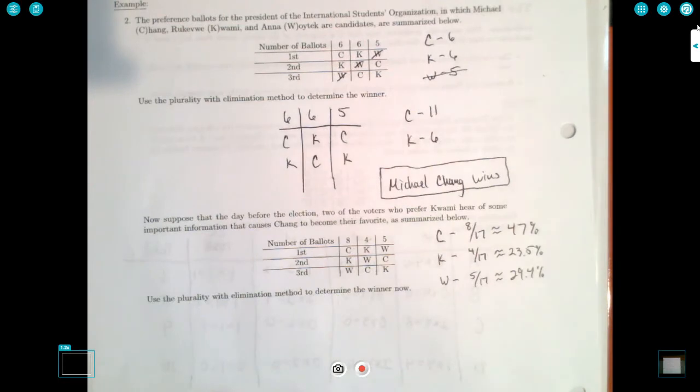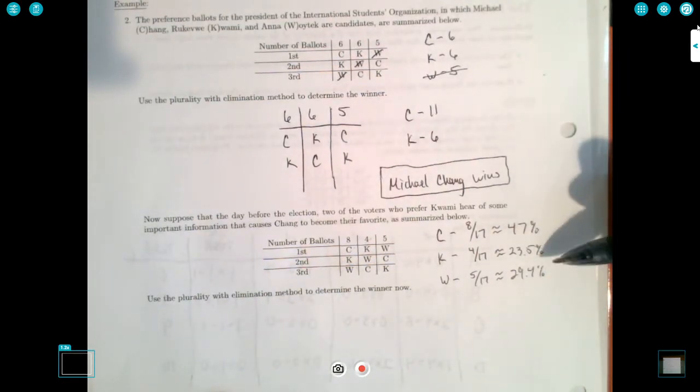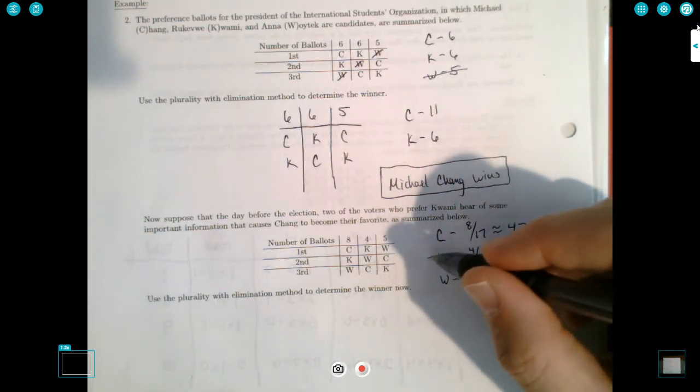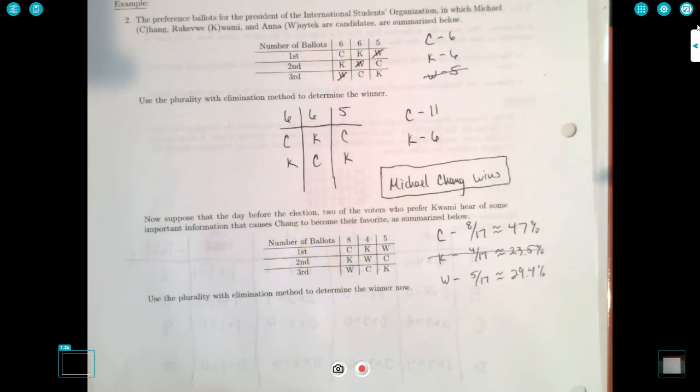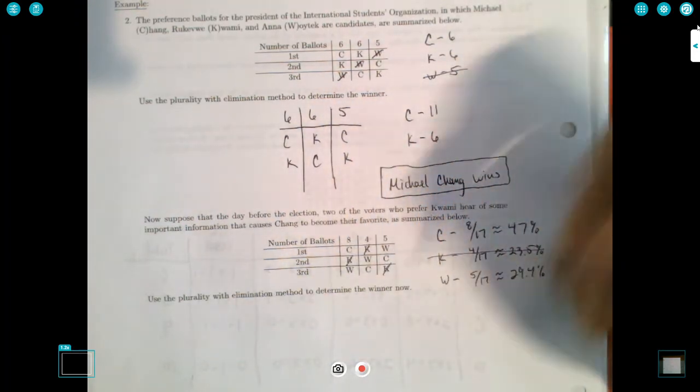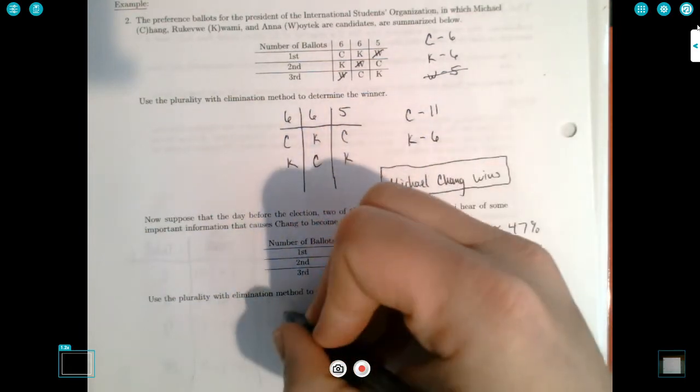Okay, so none of them have the majority, right? None of them have at least 50%. So what do we do? We have to get rid of the person with the least number of votes, which in this case is going to be K. All right, and so we get rid of K here, here, and here, and then make a new chart.